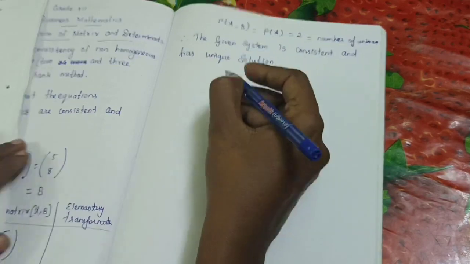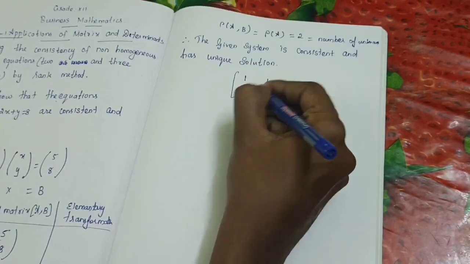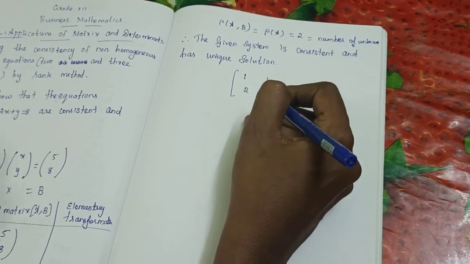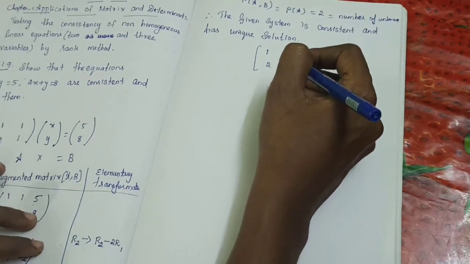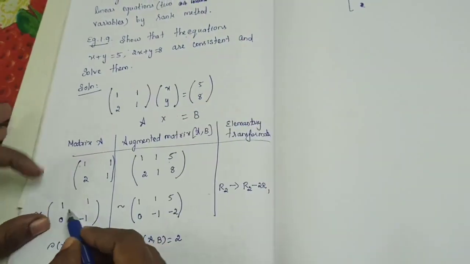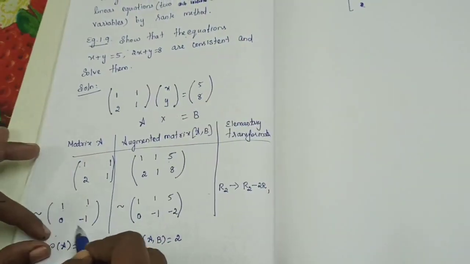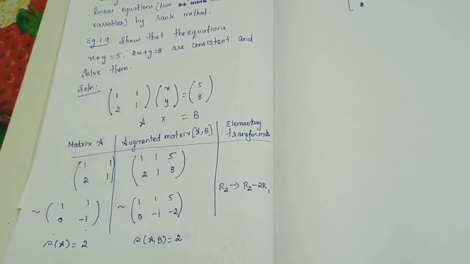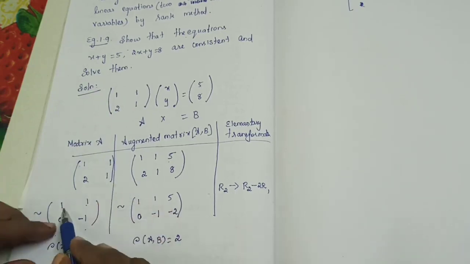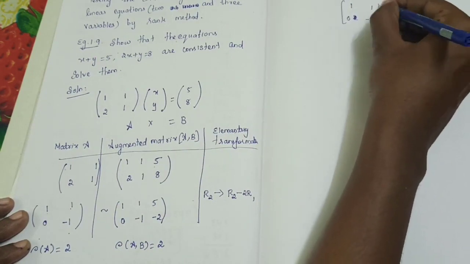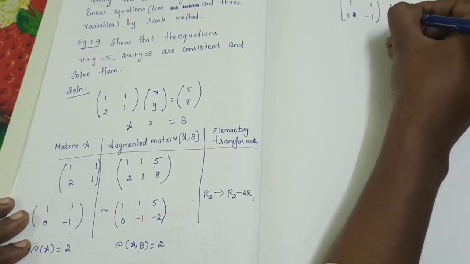Now we are going to take the matrix 1, 1, 2, 1, but here we have changed it. So you need to choose the changed matrix. That is how A has changed to 1, 1, 0, minus 1. Don't take the original matrix, take the one which has changed to echelon form. So 1, 1, 0, minus 1, then x, y.